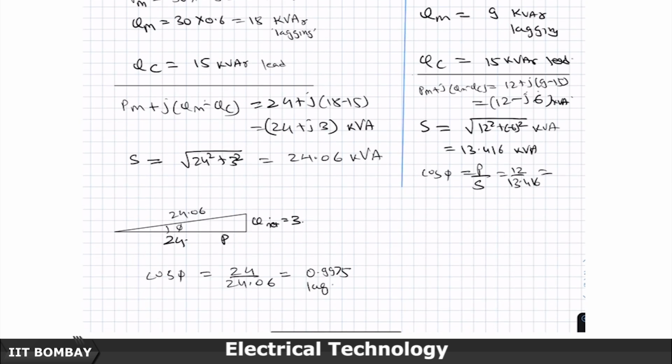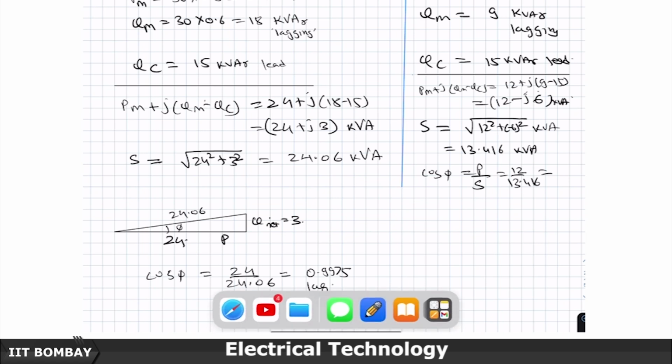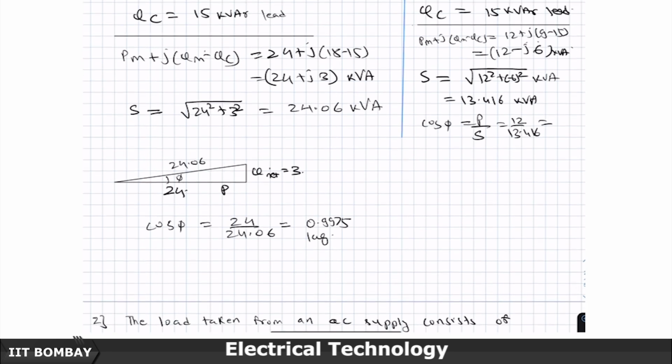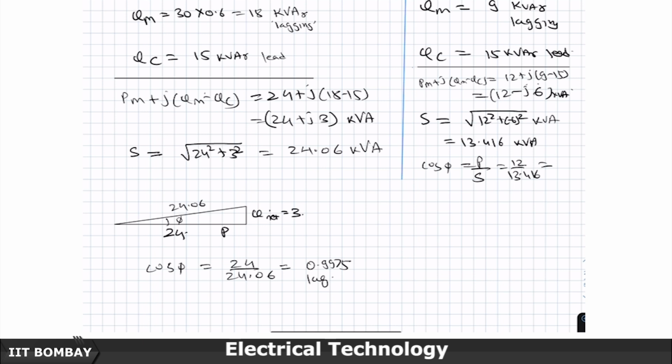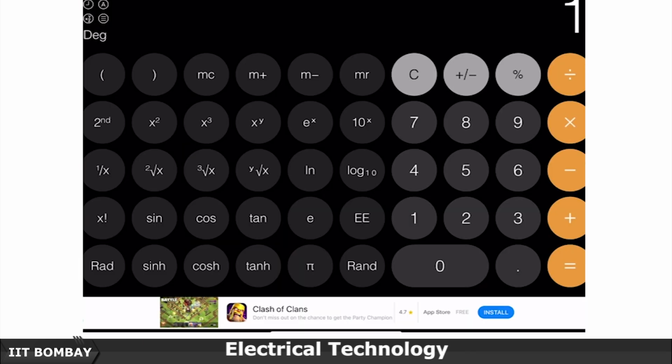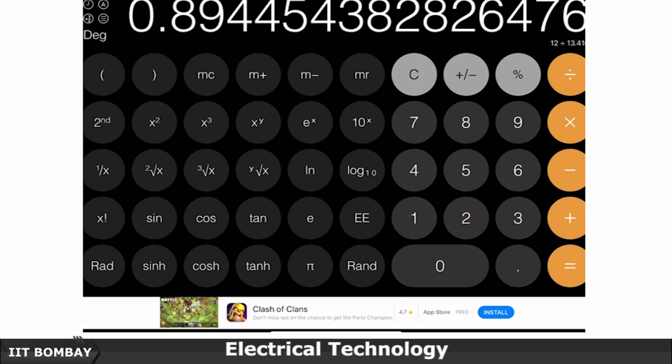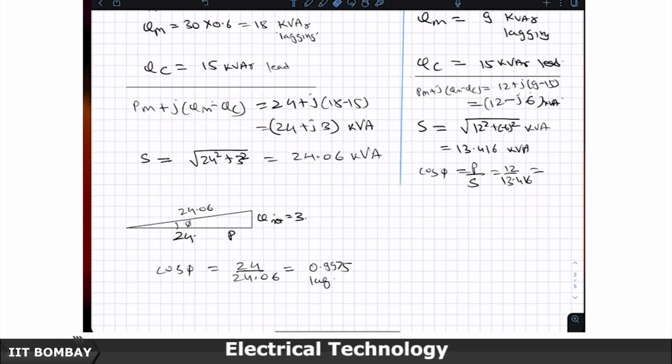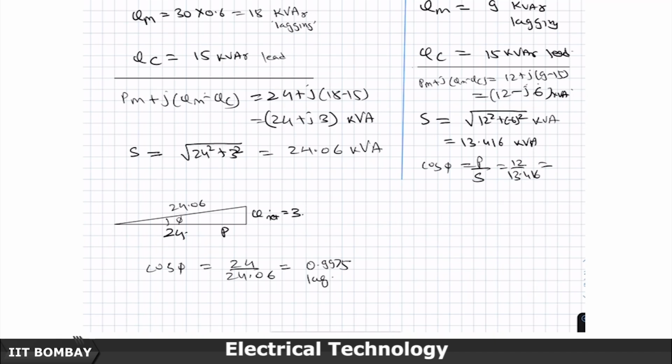So let's just do this calculation. Okay, 12 divided by 13.416 is 0.8944. So, it is 0.8944 and lead, because the net value of Q is negative. So, therefore, this will be lead.